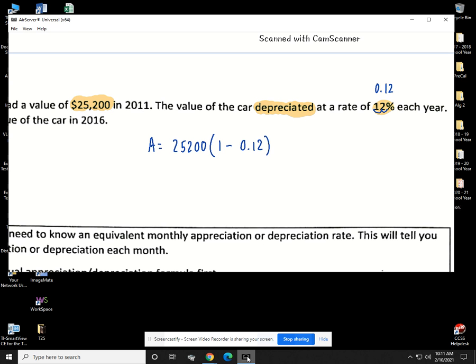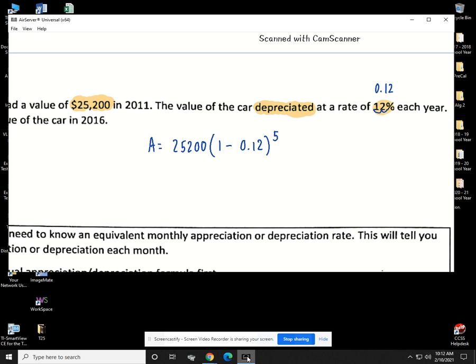So last thing, T. Do I put 2016 in for T? No. What do I put? Dude, 2016 subtracted by 2011. Remember, the car was priced $25,200 at year 2011. How long is 2016 from 2011? 5 years. So T is 5 years.